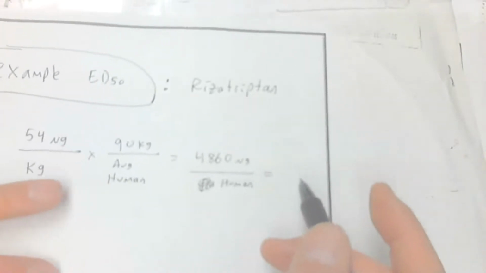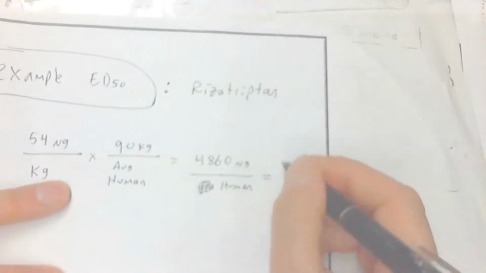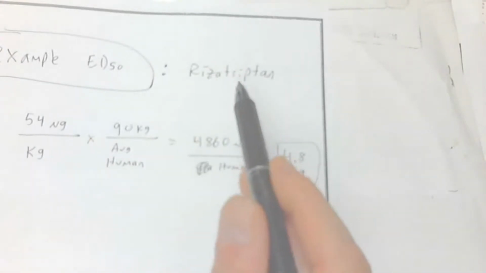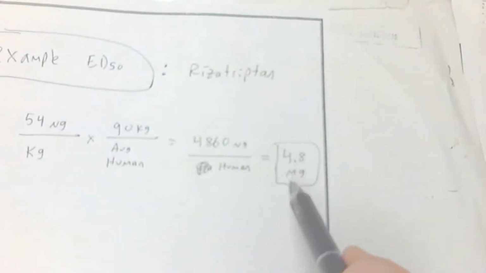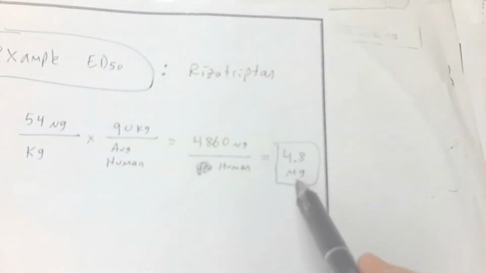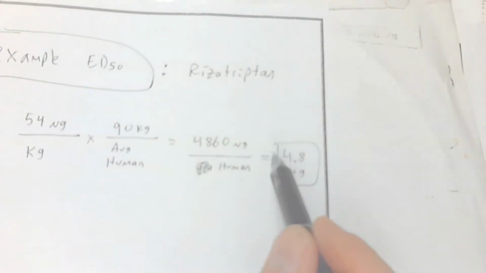That's 4.8, right? So what's the normal dose of rizatriptan? It's actually 5 milligrams. Like me as a migraine sufferer, the actual dose I take is a 5 milligram dose. So it's pretty close to this 4.8.